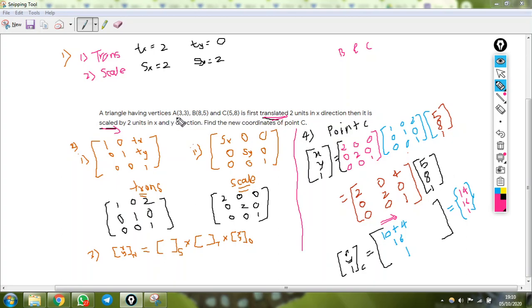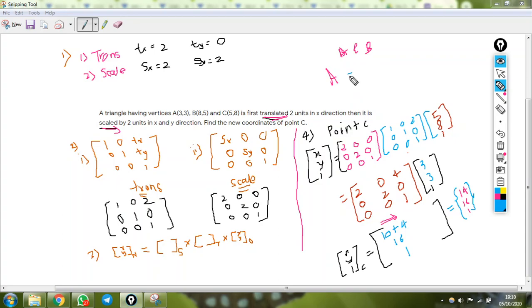I will tell you one more thing. If you want to find for point A and B, we'll find for point A first. Simply we'll change these parameters here. The parameters are 3 and 3.